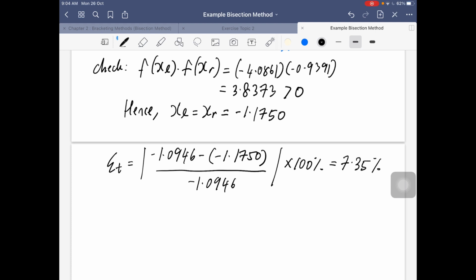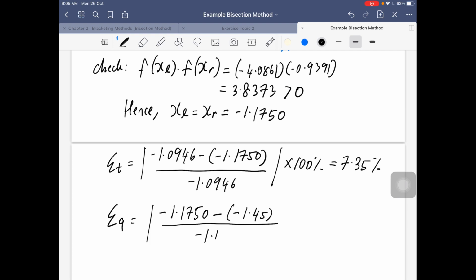Now we can calculate our approximate percent relative error. We have negative 1.1750 for our present approximation, minus negative 1.45 for the previous approximation, divided by the present approximation, and multiplied by 100%. We should get 23.40% for our approximate percent relative error.